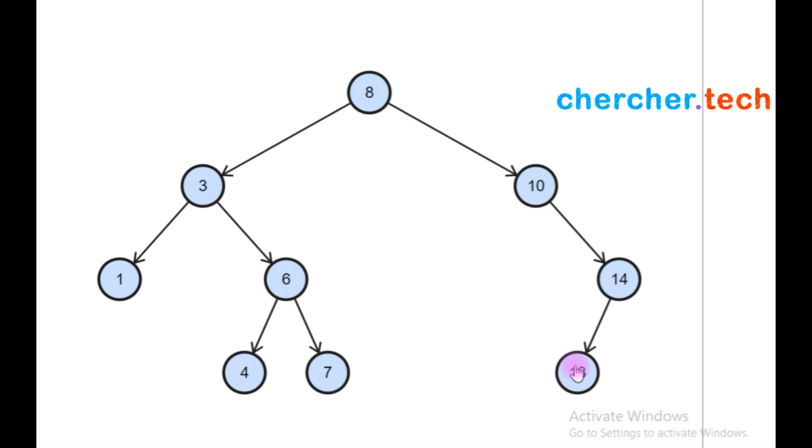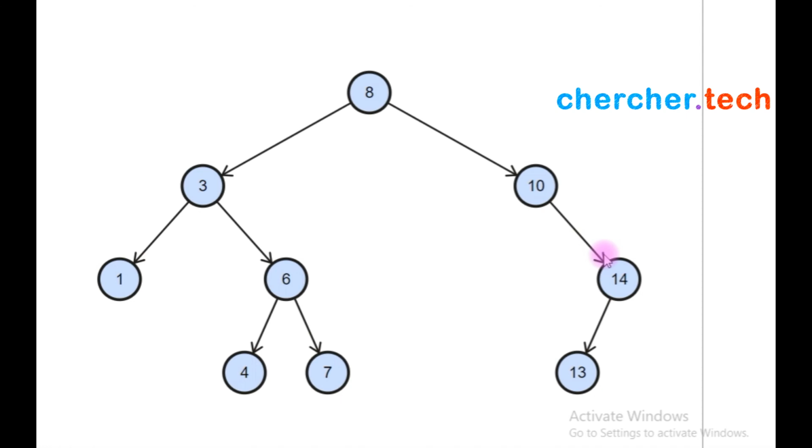I hope you guys are able to understand it. If I insert a value called 15, where will it go? Any guess? It compares with 8, so 15 is greater than 8, so it goes to the right, and now it should compare with 10. When we compare 15 with 10, 15 is greater, so again go to the right.